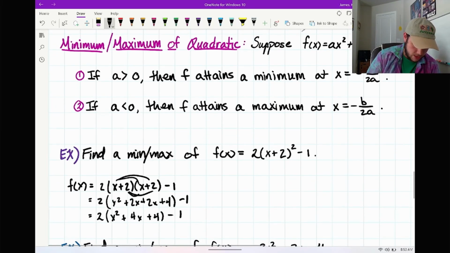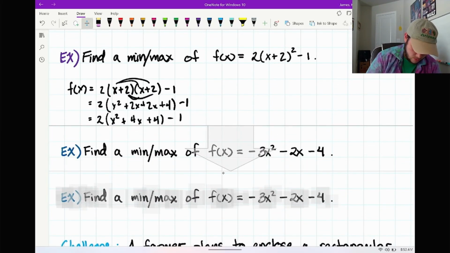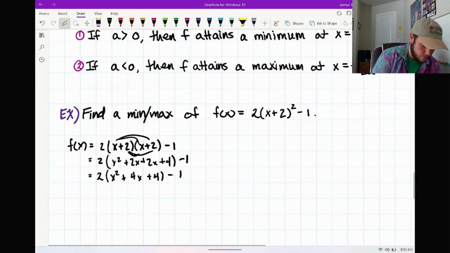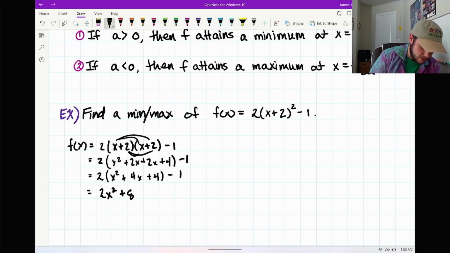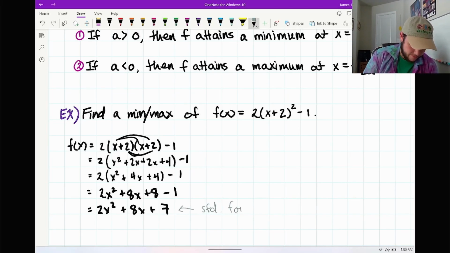Distributing that 2, I get 2x squared plus 8x plus 8 minus 1. Combining like terms, 2x squared plus 8x plus 7. So this is, again, standard form. And now I know my b value.